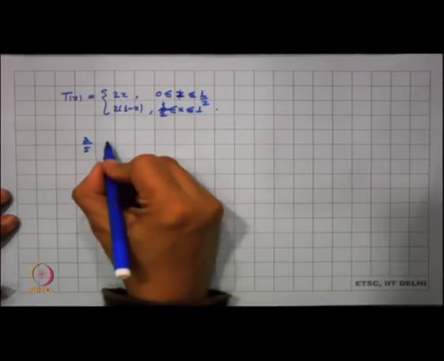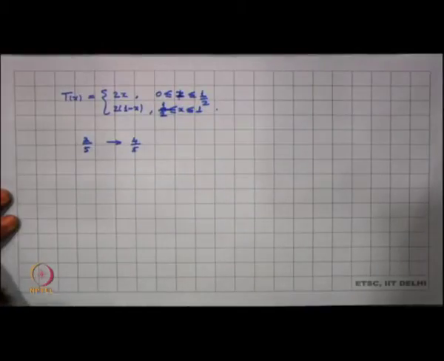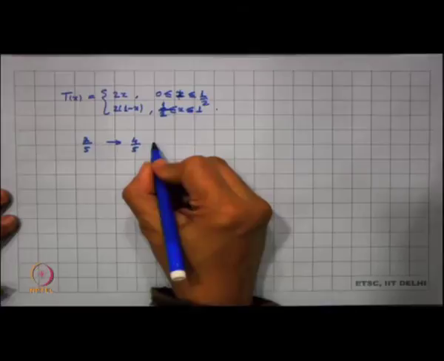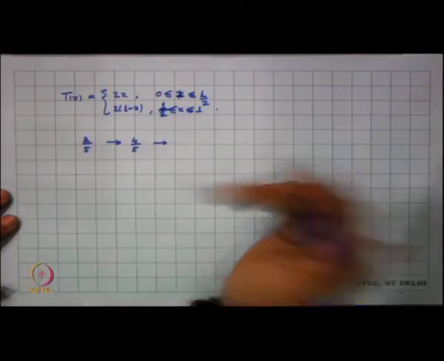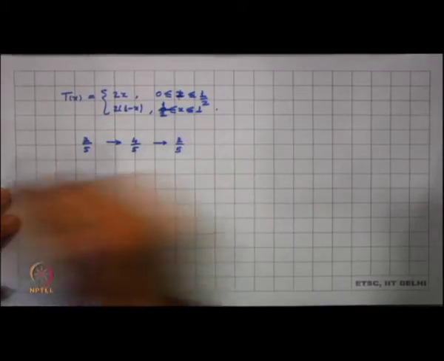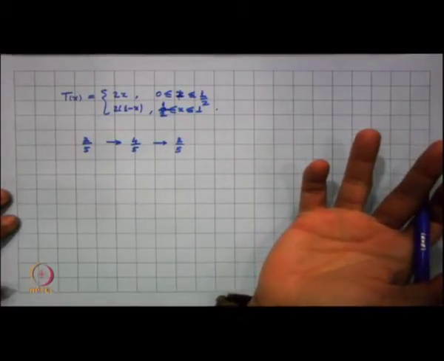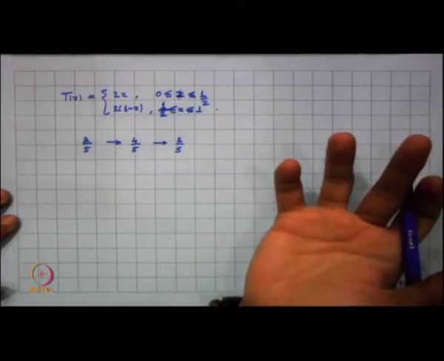So it is being mapped to 4 by 5. Now 4 by 5 lies in the second half, so here my function is 2(1 minus x). So where is 4 by 5 being mapped to? It is again being mapped to 2 by 5. So I find that 2 by 5 happens to be a periodic point of period 2. 2 by 5, 4 by 5, these are periodic points of period 2.